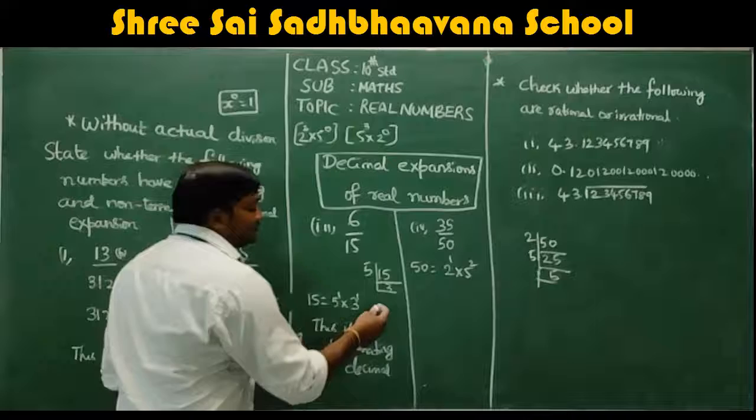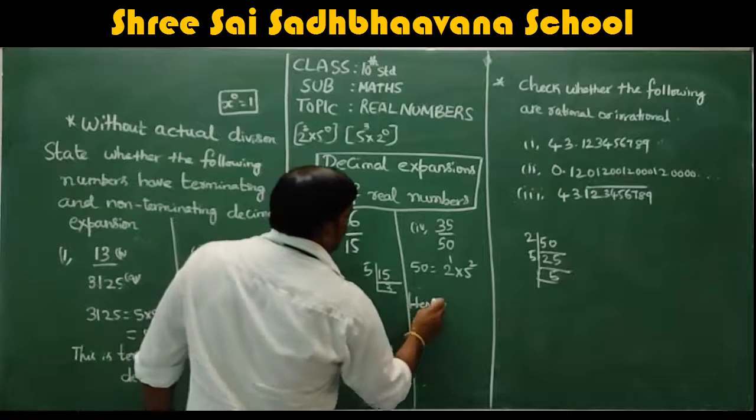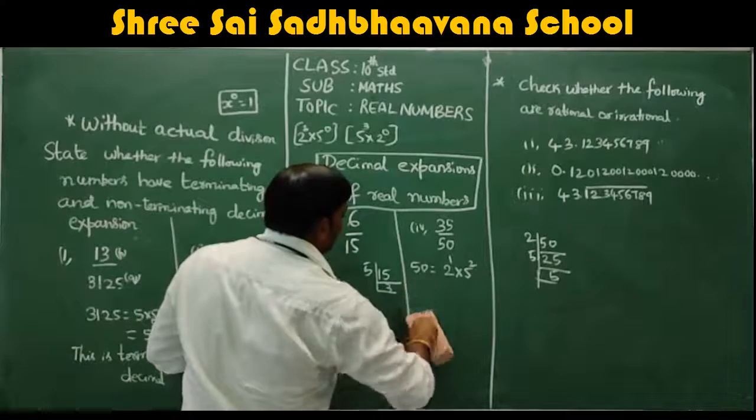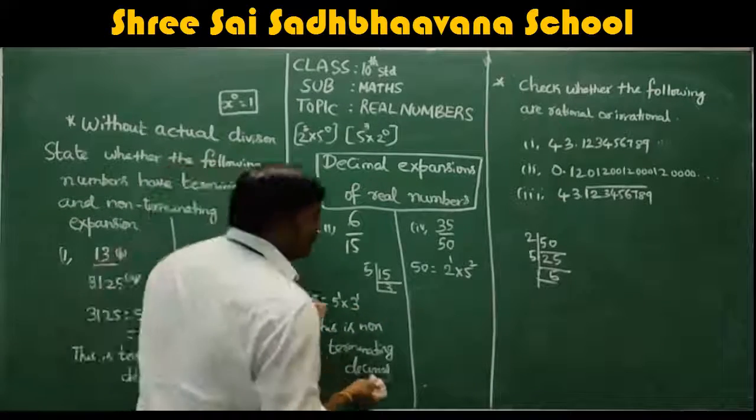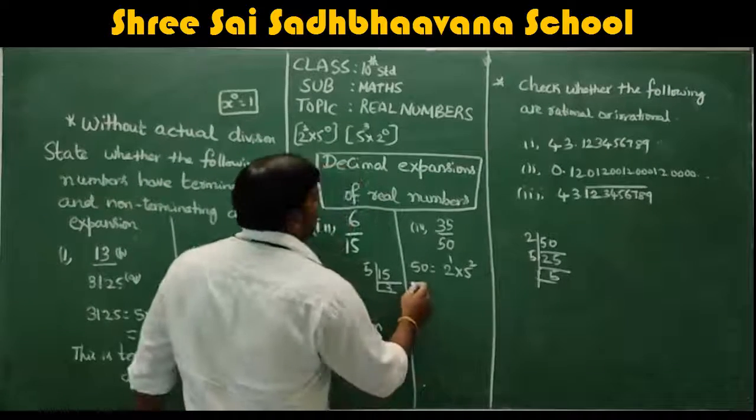So hence, okay, we can write working also for this. I'm not writing working for all the sums. I'm just writing for one sum. The same you have to follow for all. Okay.